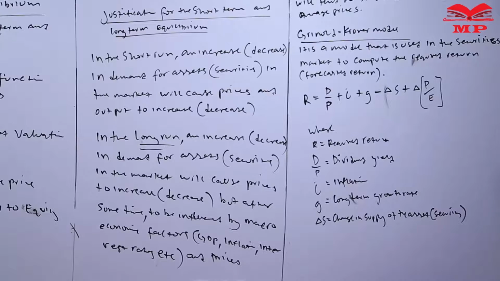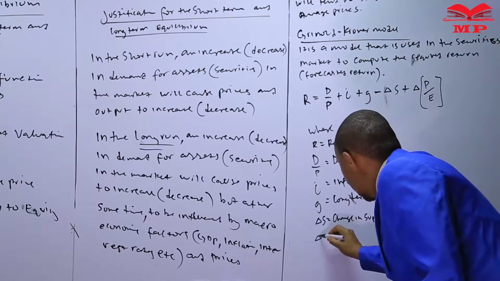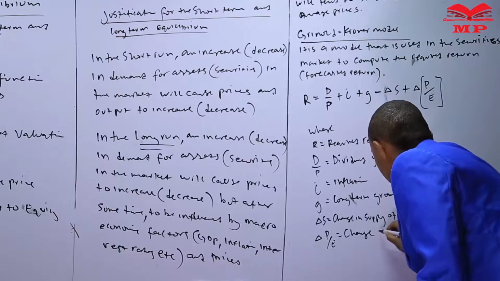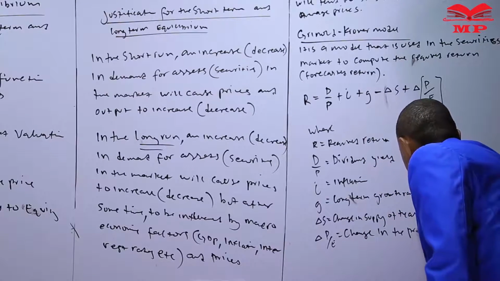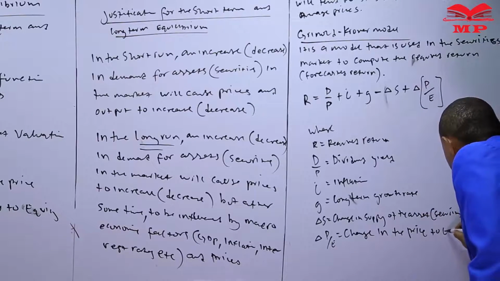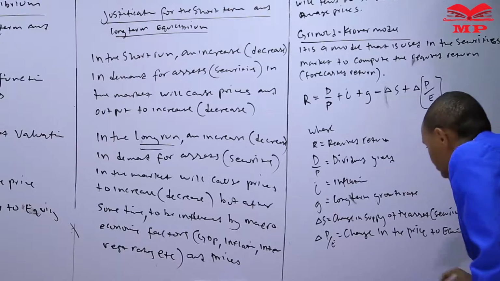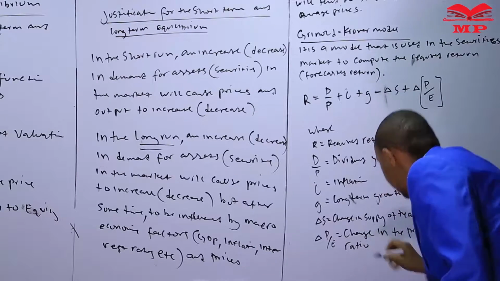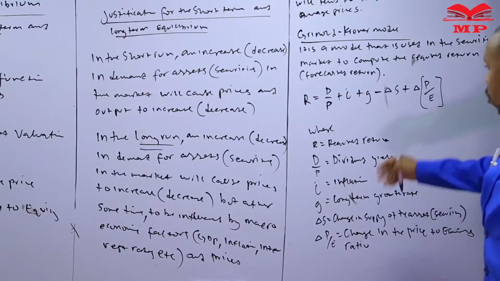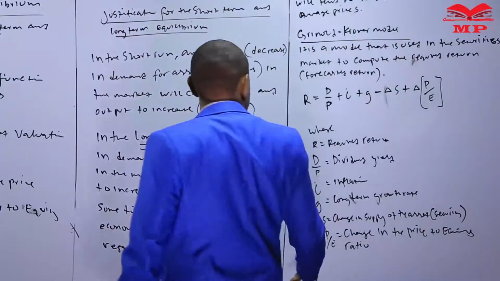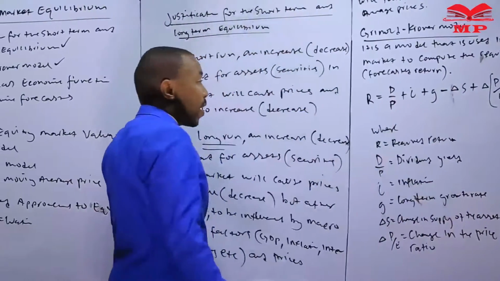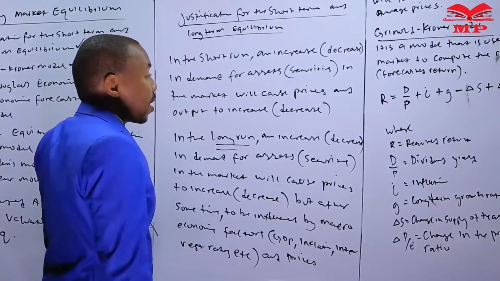Then finally, change in P/E is the change in the price to earnings ratio. That is, in simple terms, the Crona model, where we try to factor in the inflation, the long-term growth rate, the changes in supply of the asset, and also the change in the price to earnings ratio.